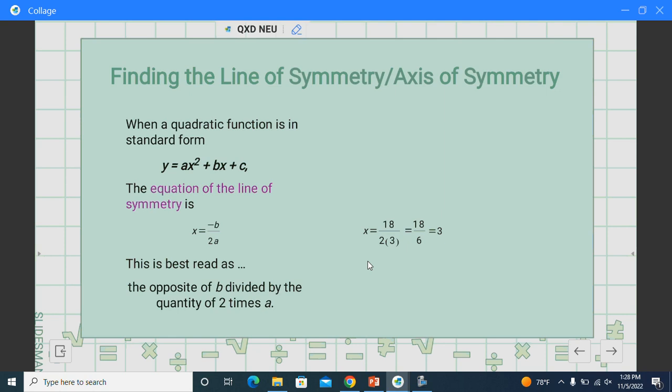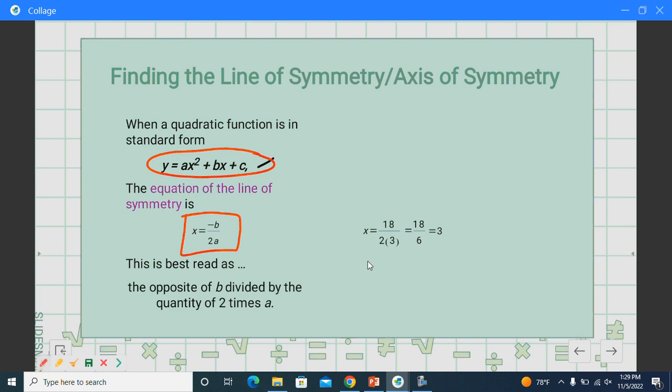When a quadratic function is in standard form, y equals ax squared plus bx plus c, the equation of the line of symmetry is x is equal to negative b over 2a. This is best read as the opposite of b divided by the quantity of 2 times a.